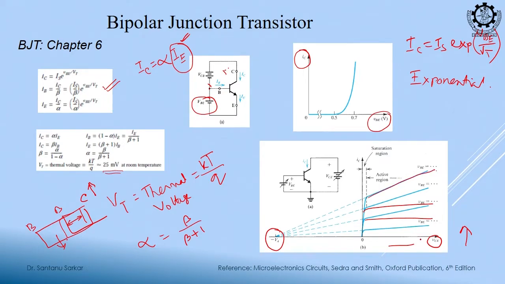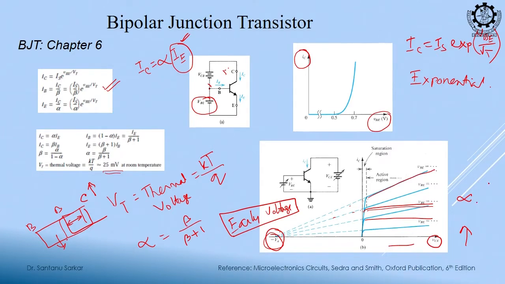And if you extend these lines, they meet at a voltage which is termed the early voltage. So this slope is dependent on the early voltage. If you have a flat zone, ideally you have infinite resistance, right.